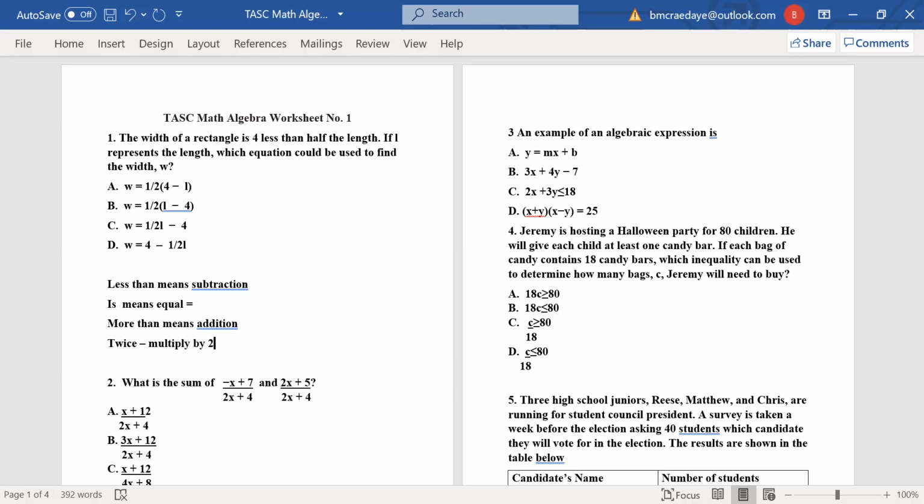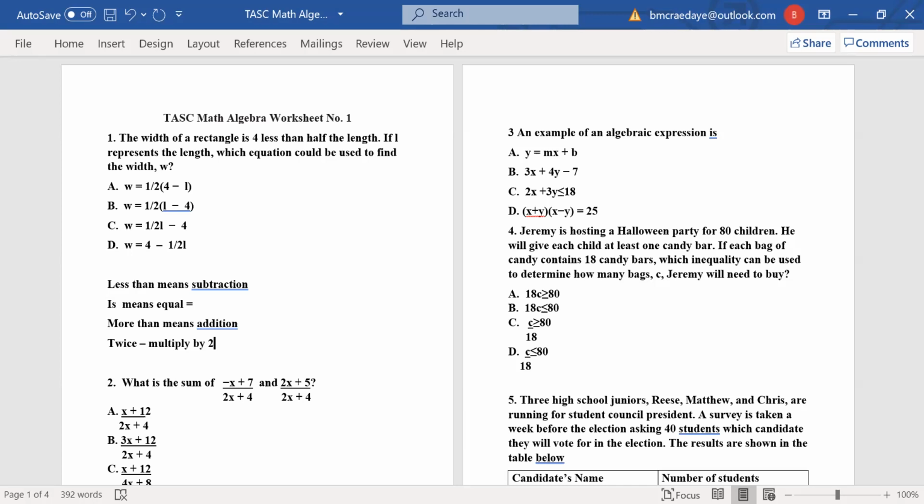Let me see. It's less than. The width of a rectangle is 4 less than. Is means W for the width, W is equal.